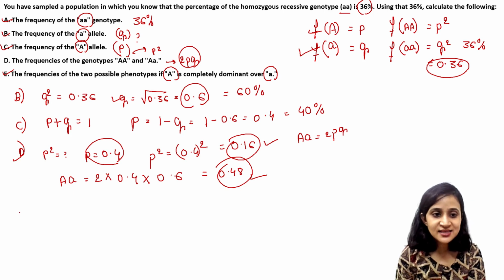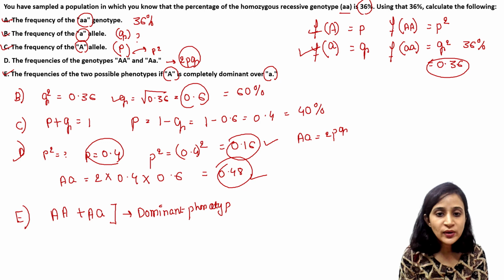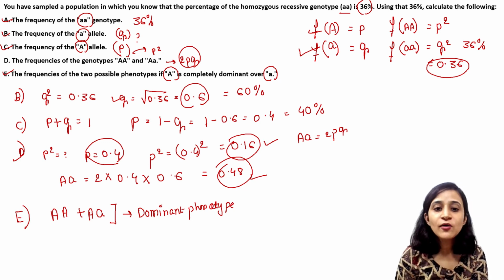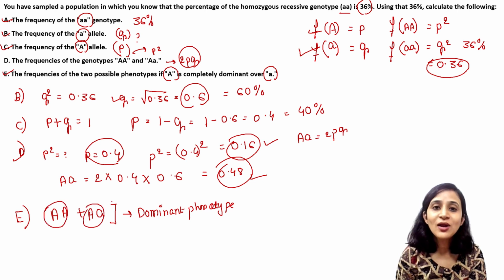That means it is asking about capital A capital A plus capital A small a, because in this case only we will get the dominant phenotype. So if we need to know the dominant phenotype, then we have to add capital A capital A genotype and capital A small a genotype, because both of these cases are showing the dominant phenotype here.